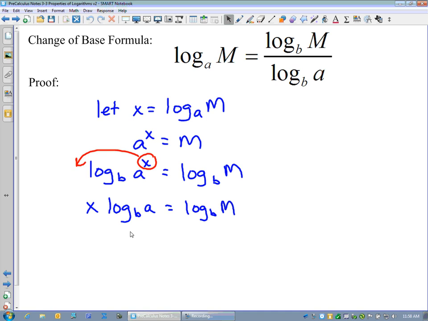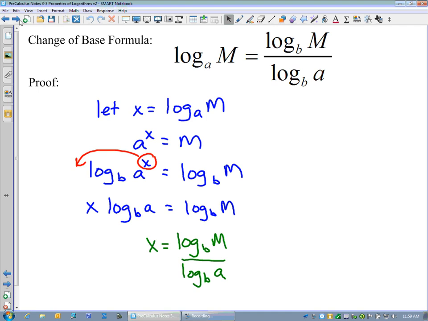Now we're going to divide both sides by log base b of a, and that gives us x itself, which is what we originally started with, log base a of m, is equal to log base b of m divided by log base b of a. So again, you can choose to change your logarithmic expression into any base by using the change of base formula.